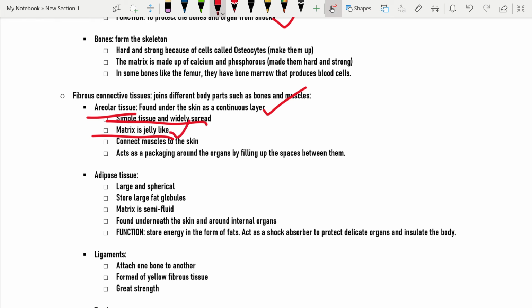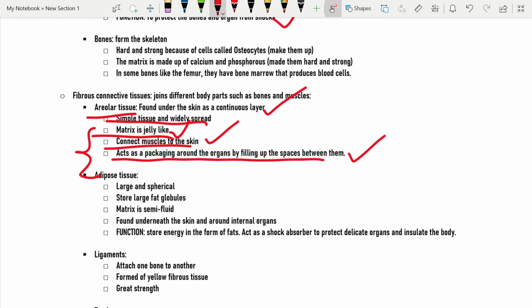Areolar tissue connects muscles to the skin and acts as packaging around the organs by filling up the space between them. So these two are the functions: connecting muscles to skin and acting like a package between the organs, filling up the space. So this is like a filler, like how air is a filler around us and helps us in breathing and all that.